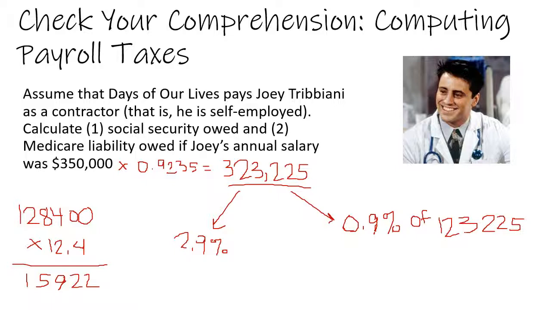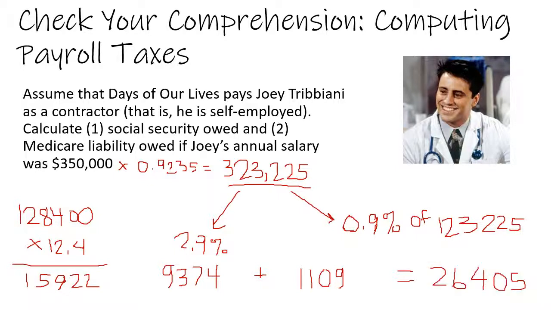This means that Joey owes around $9,400 for his self-employed normal Medicare contribution, as well as $1,100 of this additional Medicare liability above $200,000, for a grand total of $26,405 for his Medicare liability.